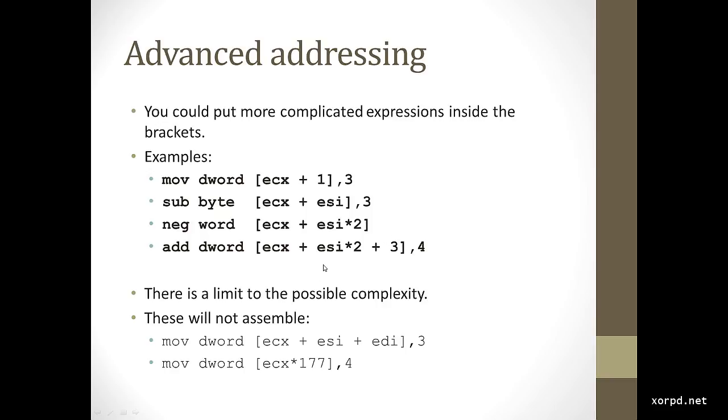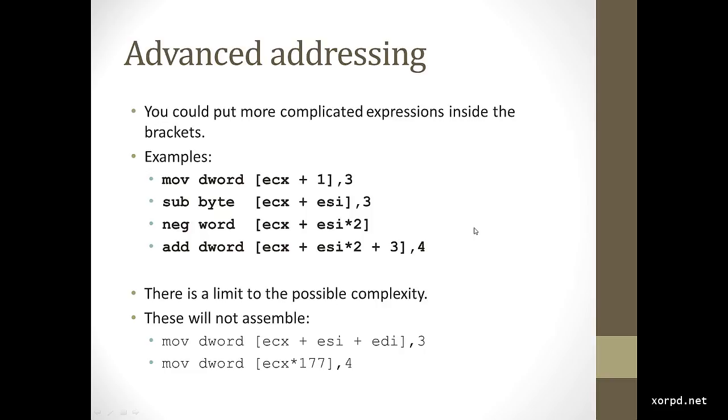Another example which will not assemble is move the word [ECX times 177]. It looks like you have much freedom here, but basically you can't put so many different numbers. I think that some small numbers are going to work, but not every number. For example, this number is not going to work.